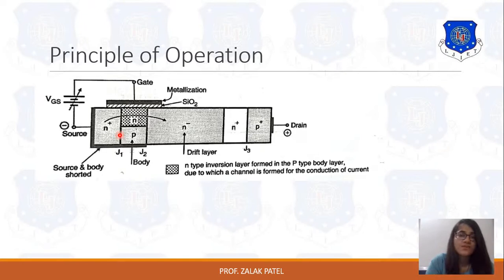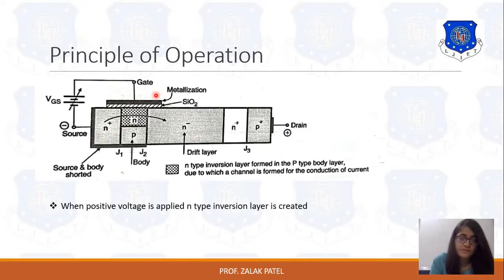That's why the same action takes place: above the P layer an N channel is created, with holes as majority carriers and electrons as minority carriers, so electrons are attracted towards the gate and move upward. But the difference here is that a channel of N plus and N minus is created, and because of that the on-state drop is reduced compared to the MOSFET.